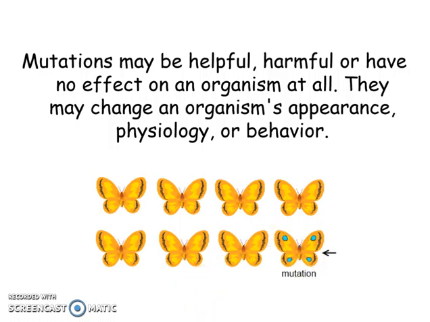If you look at this picture, you remember we said that genes code for certain traits that you'll have. So maybe there was a code on the genes of this butterfly for it to be yellow. Well, in the process of reproduction, something didn't copy right. And because it didn't copy right, the gene said it's going to be yellow, but it's going to have blue dots.